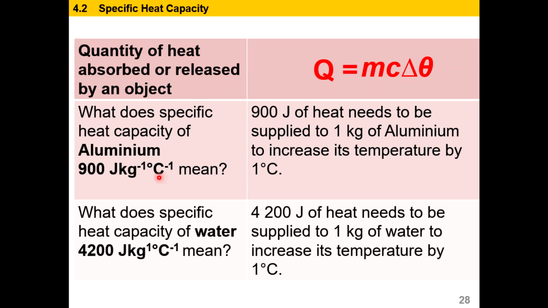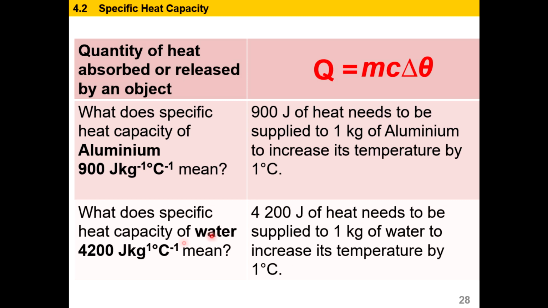So when you write your answer, it must have the energy, joule, the mass, kilogram, and the temperature, degree Celsius. So it means that 900 joule of heat energy is needed to supply to 1 kilogram of aluminium to increase the temperature by 1 degree Celsius.